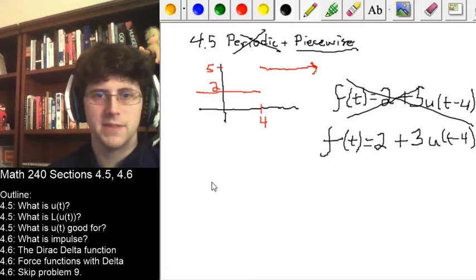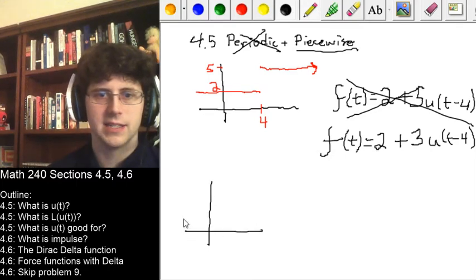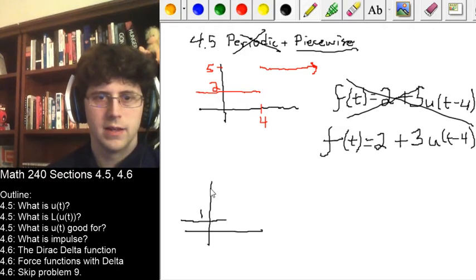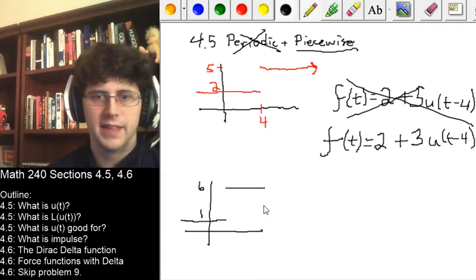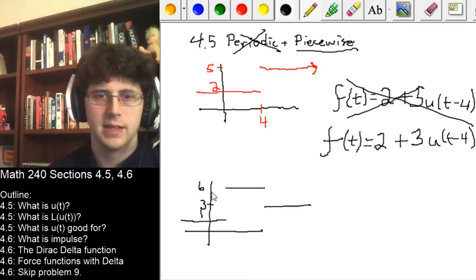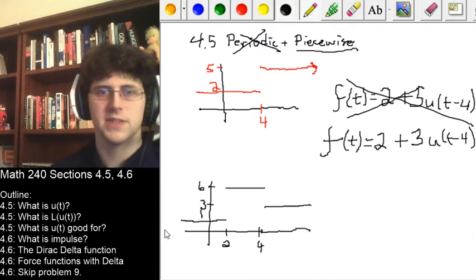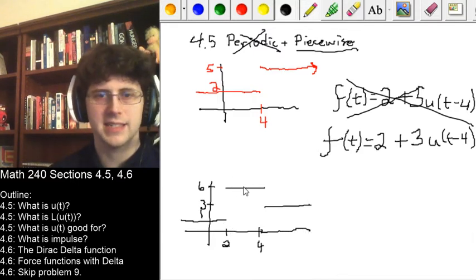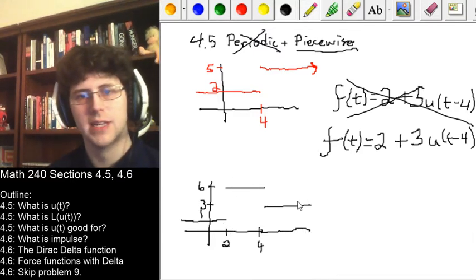If you had some other function, like say you had a function that started out at 1 and then suddenly flipped and turned into 6, and then went back and turned into 3 after that, and then we'll say these happen at time 2 and time 4. So this function is 1, 1, 1, 1, 1, and then 6, 6, 6, 6, 6, 6, 6, and then 3, 3, 3, 3, 3.